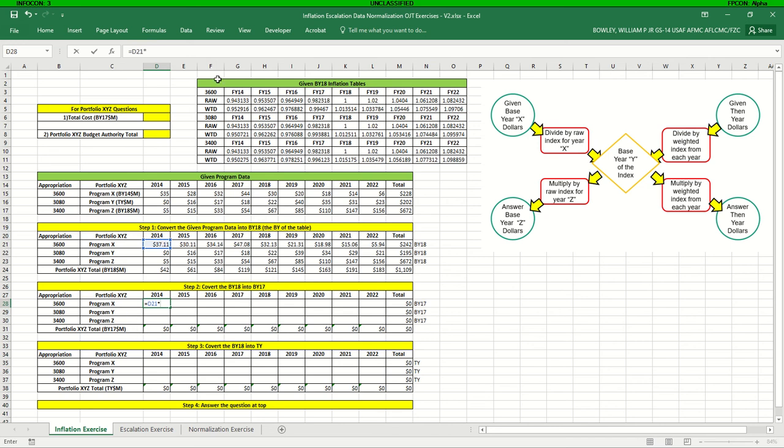So base year 17, 3600 for this one. And the next one is base year 17, 3080. And the last one is base year 17, 3400.